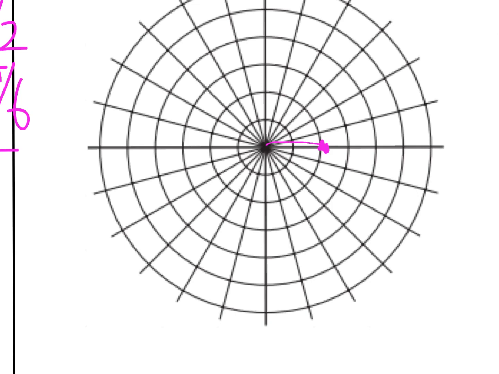And then pi over 6 is that ray there, and so negative 1 there. So it's going to hit there, and then it's going to go back to 0. Nope, sorry, how is it going to go? Pi over 6 is here, negative 1. And then it's going to loop back around. Loop, yeah. So pi over 6, negative 1.